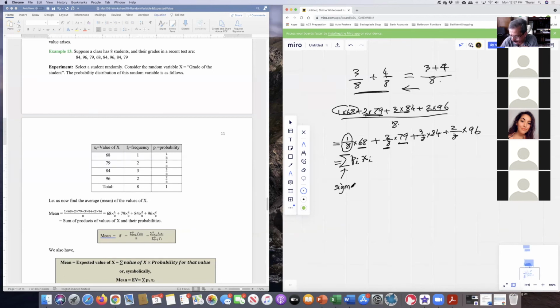And this is used to represent summation or add up. So when I write sigma, that means add up pi times xi, which means each value of the random variable should be multiplied by the probability for that value to occur and add them up. That's what this formula means. So we can say mean.